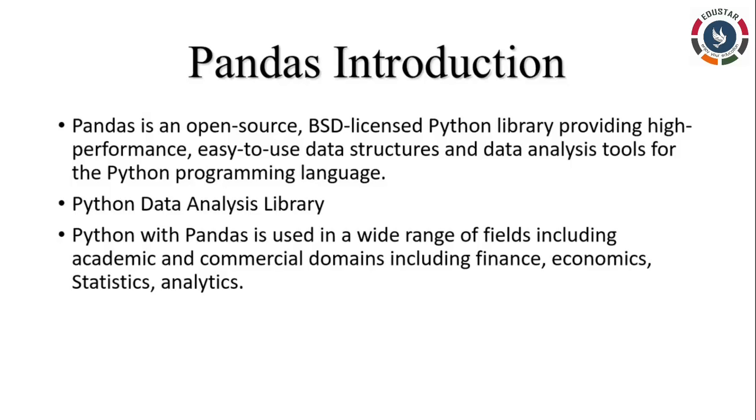Pandas introduction. Before, we have already discussed what the NumPy library is and what matplotlib is, correct? In Python modules, different types of libraries are there. The first one is standard library functions.